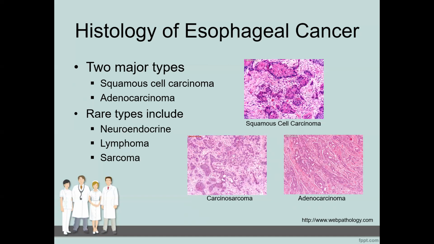Squamous cell carcinoma usually develops in the upper and middle part of the esophagus. Adenocarcinoma begins in the lower part of the esophagus. Rare tumors, which make up less than 1% of all esophageal cancers, include neuroendocrine, lymphoma, and sarcoma.